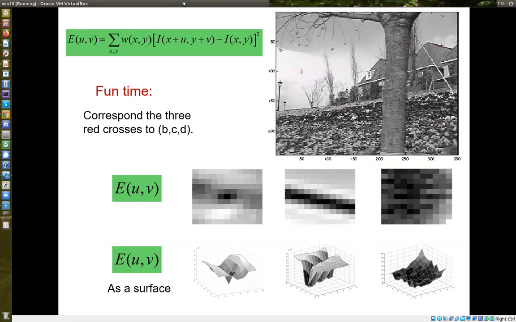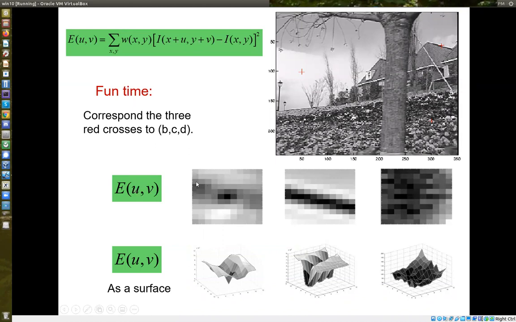In this figure here I have three locations: this location here, this location here, and this location here. Let's try to match them with the UV. So I have this E(U,V) value. Of course E(U,V) is a function of U and V, right?